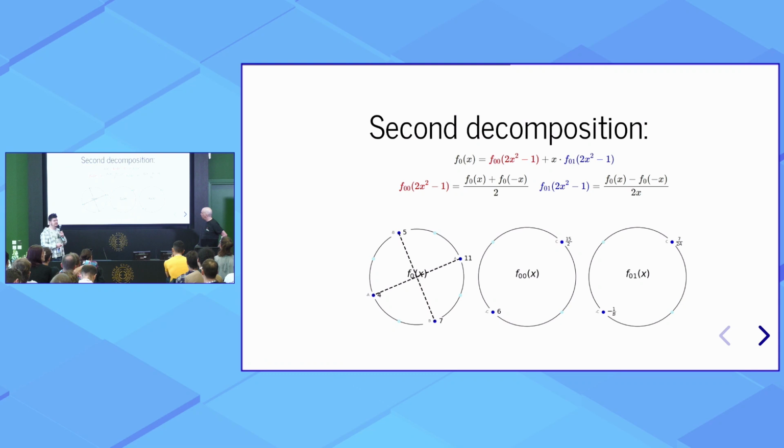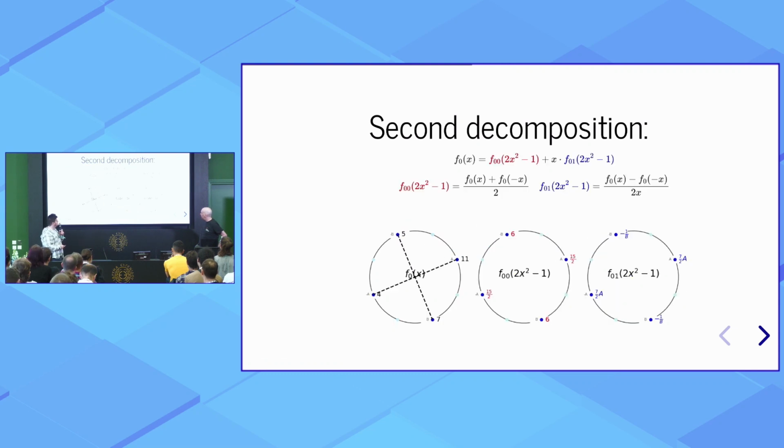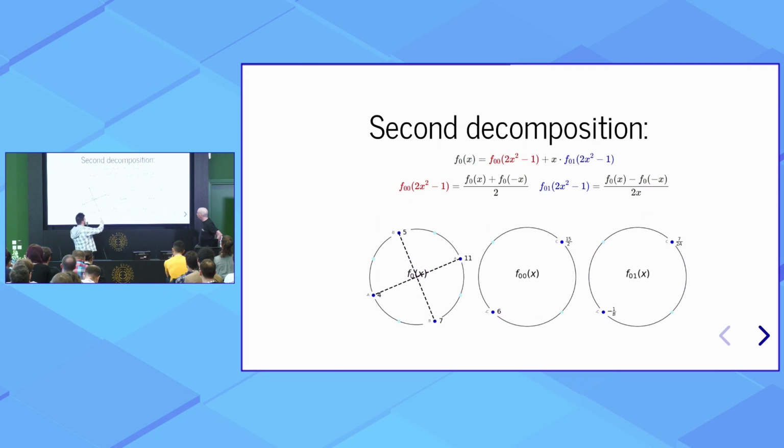Where I think it's 15 over 2 and 6. How do we make it so that the decomposition makes 6 and 15 over 2 opposite? So in the next slide, the decomposition shows 6 on the opposite side of the circle.